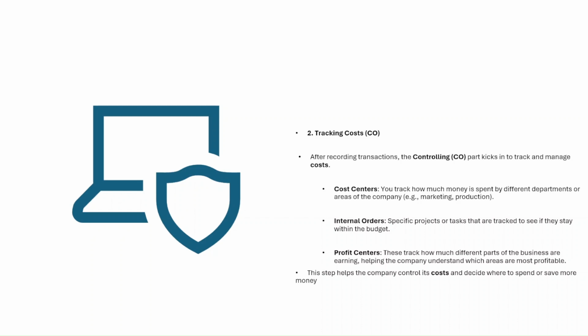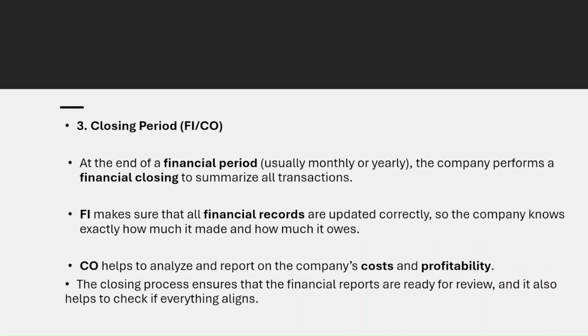Internal orders are specific projects or tasks that are tracked to see if they stay within the budget or not. Profit center tracks how much different parts of the business are earning, helping the company understand which areas are most profitable. So this step helps the company control its cost and decide where to spend and where to save more money.